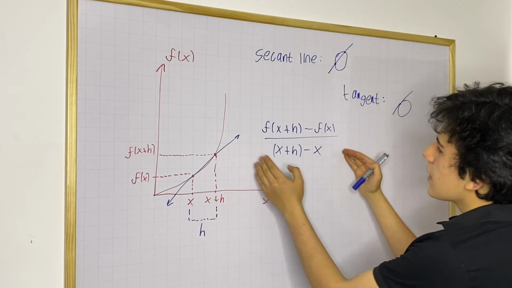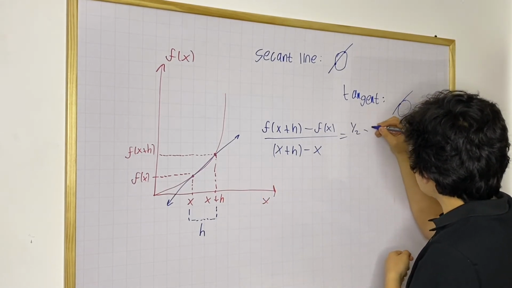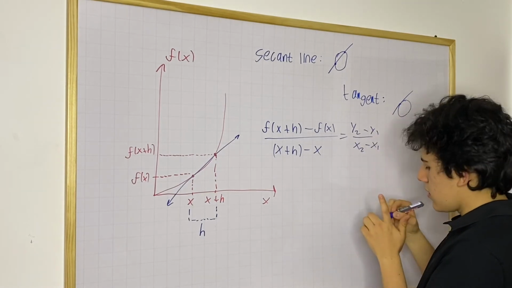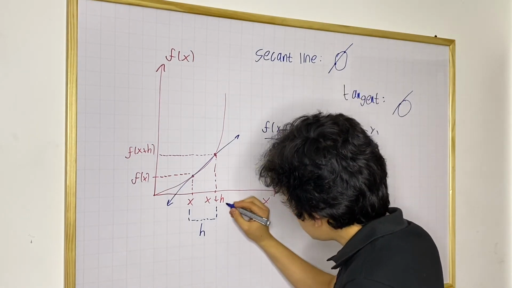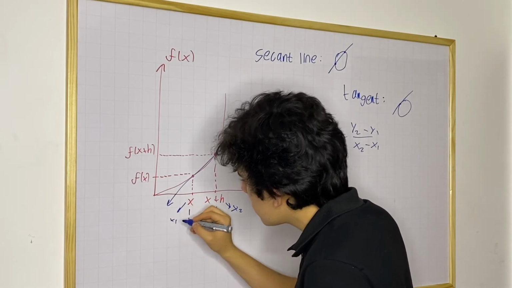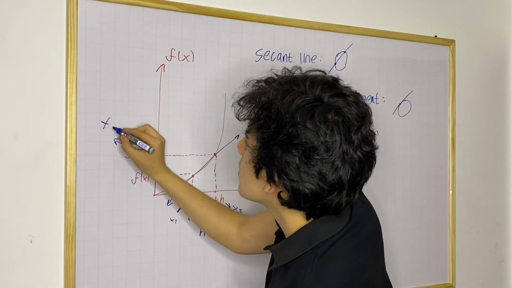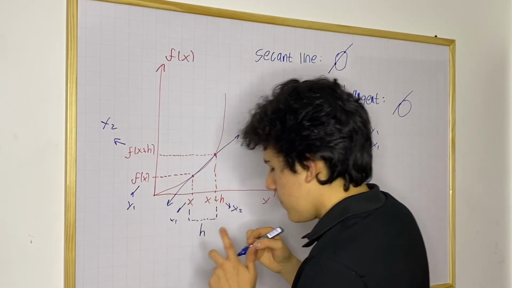And now this is basically the same thing as y2 minus y1 over x2 minus x1. Just so you see it, this is x2, this is x1, this is y2, and this is y1.